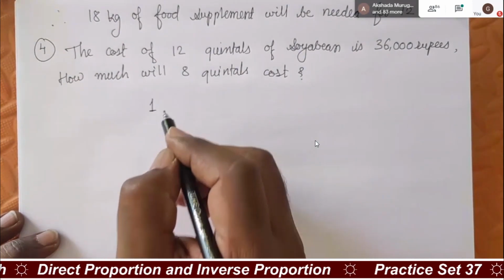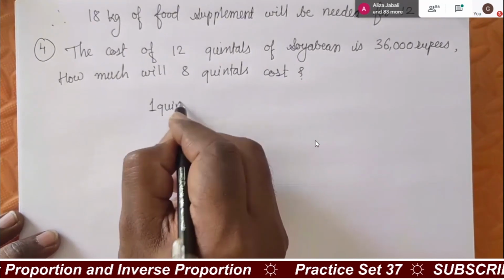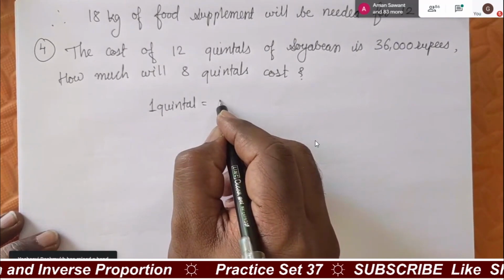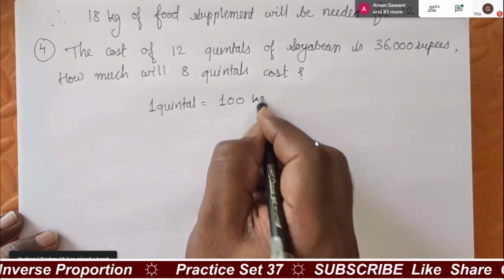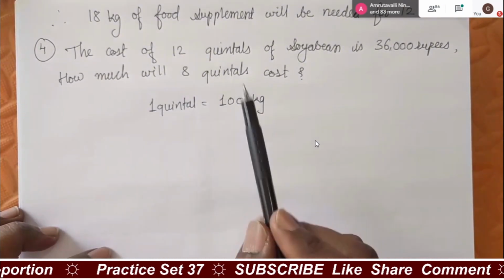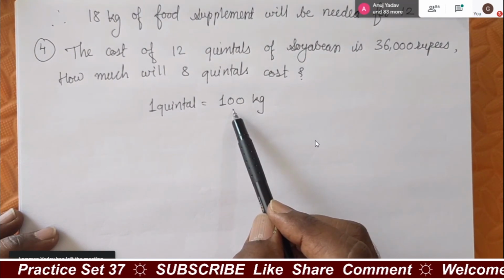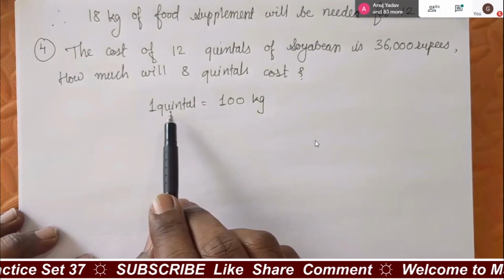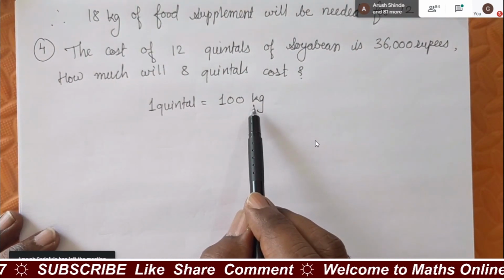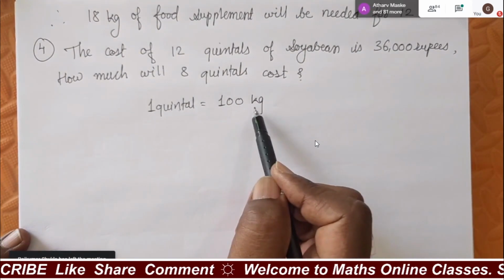Anybody knows? 1 quintal is equal to 100 kg. Okay, remember this thing. It means 12 quintals is 1200 kilograms. Okay, remember these units. And 1 ton means 1000 kilograms. Okay, this you remember.